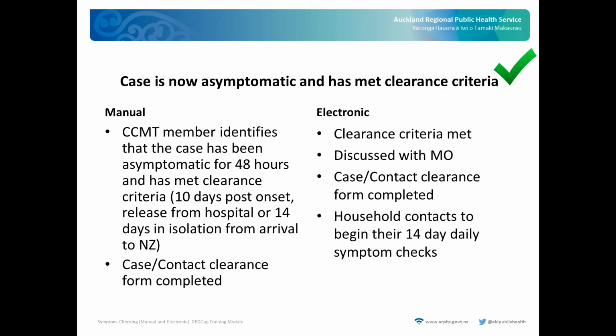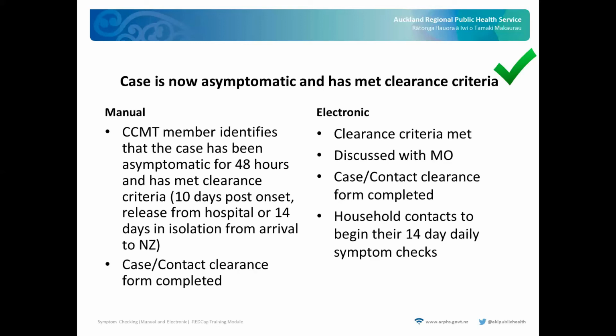Following that, some key identifiers will be amended in the case's initial form on REDCap, which will then carry on the household contacts for their 14-day self-isolation daily symptom check period as well.